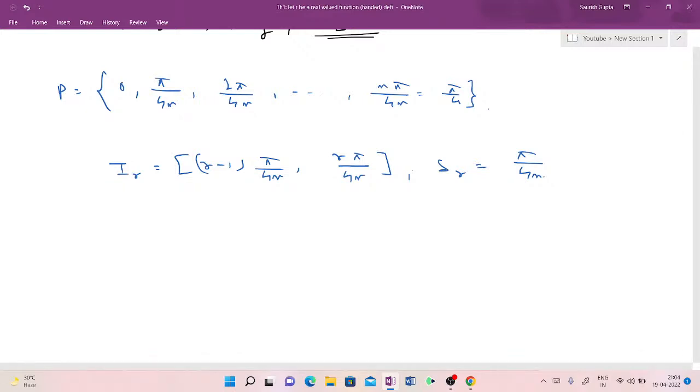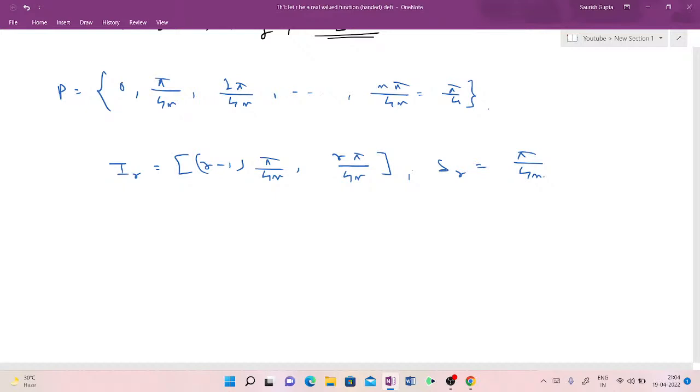It's very clear that since the function f is piecewise between cos function and sine function, within the given interval 0 to pi by 4, the value of sine increases, but the value of cos decreases.